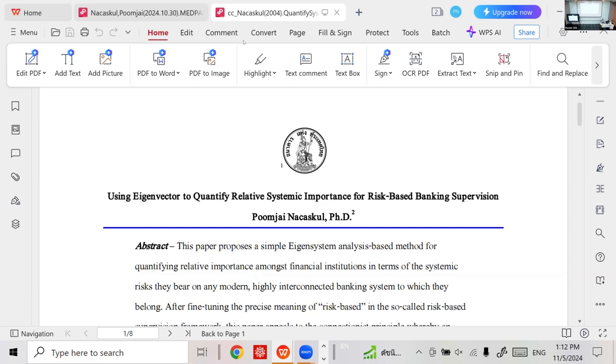So on a particular day, if I want to look up what Siam Commercial Bank owes or borrows from Krung Thai Bank, that number, would I call that an attribute number? In this context, I would call it a relationship number because that number has two indices, right? Siam Commercial Bank borrows an overnight amount, however many million, okay, from Krung Thai Bank.